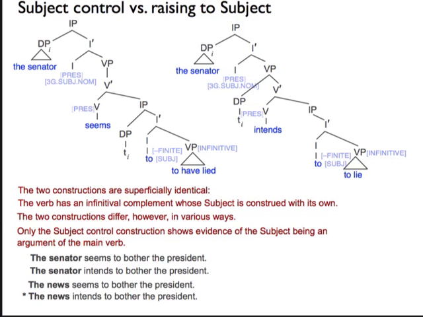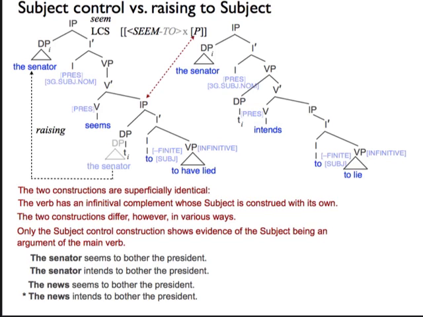But seems doesn't care. Give me any infinitival construction at all, any embedded clause, and I can do that. So we have the proposition argument of seem realized as an IP, and the subject of that IP raises up to the main clause.